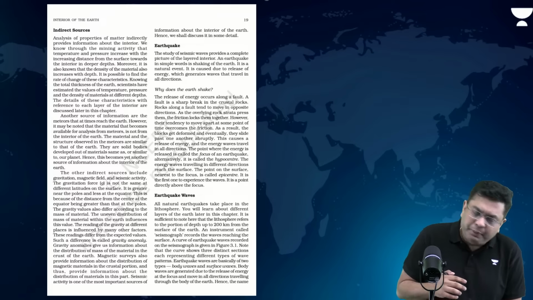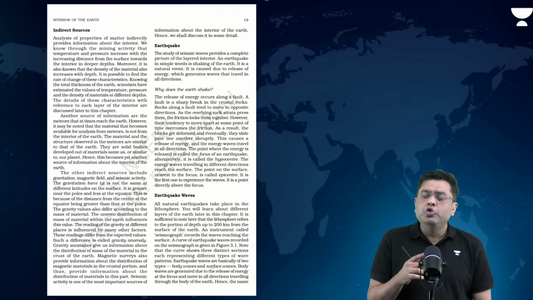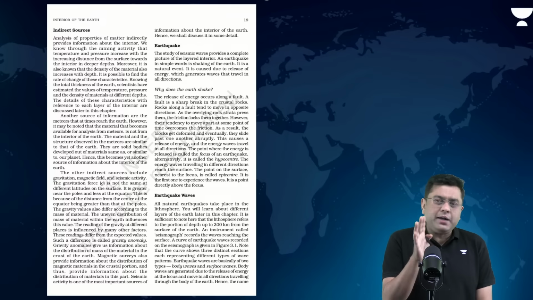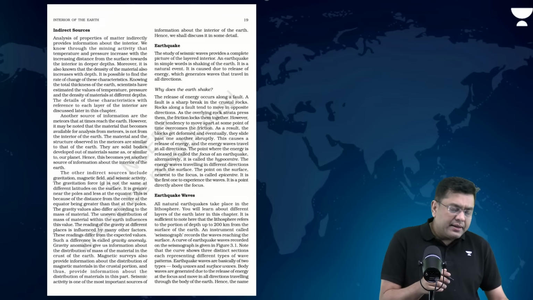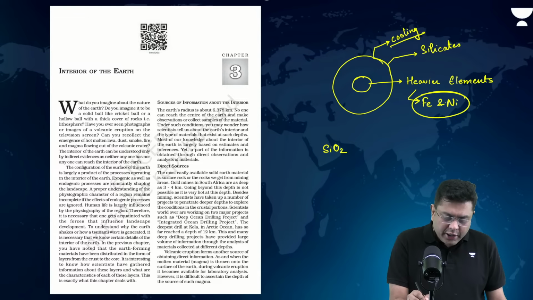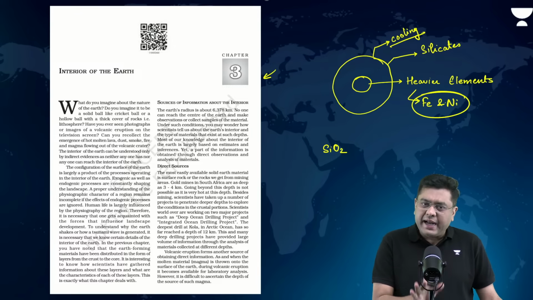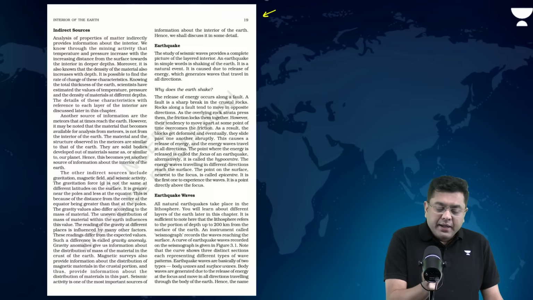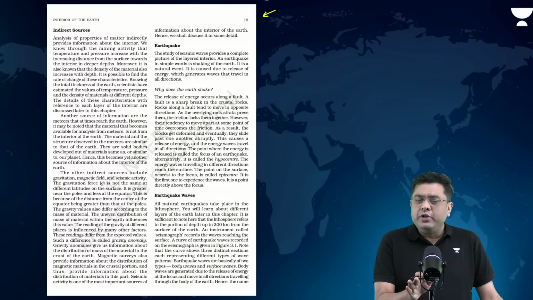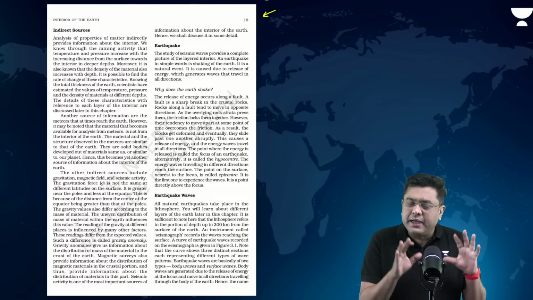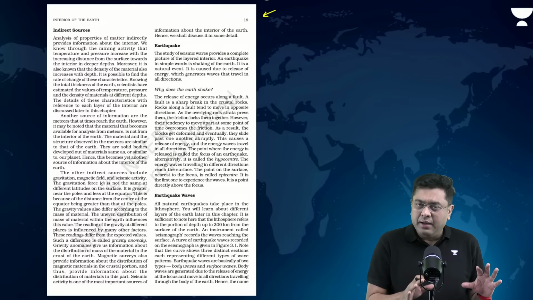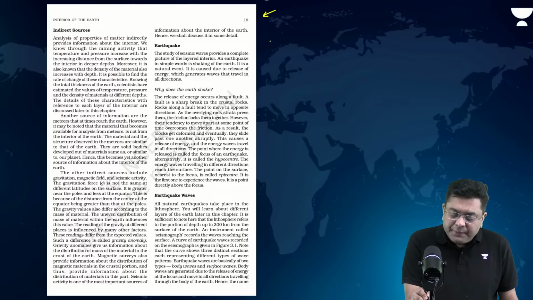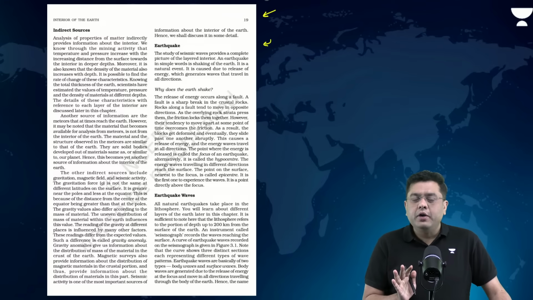But before I explore that, for all those of you who have the NCERTs with you, let me tell you that here the first page talks about the interior and the sources of information. The second page, while talking about the interior and not describing the crust, core and the mantle, directly jumps into earthquake. Okay.